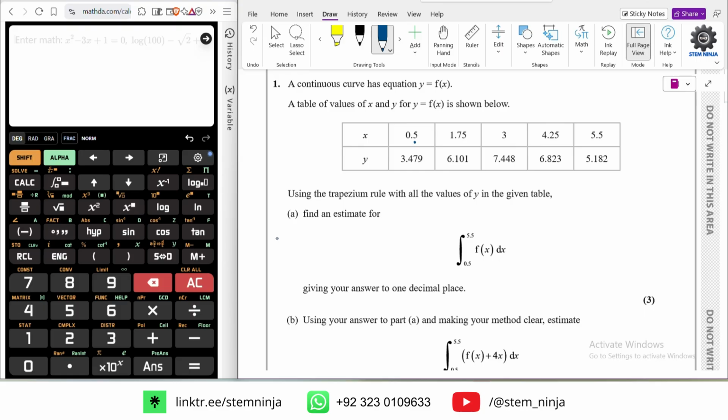Now we know the formula for this, which is h over 2. h is the bin width. The first and the last value come only once, but all the rest, to the second last, come twice. So basically this is what we need.